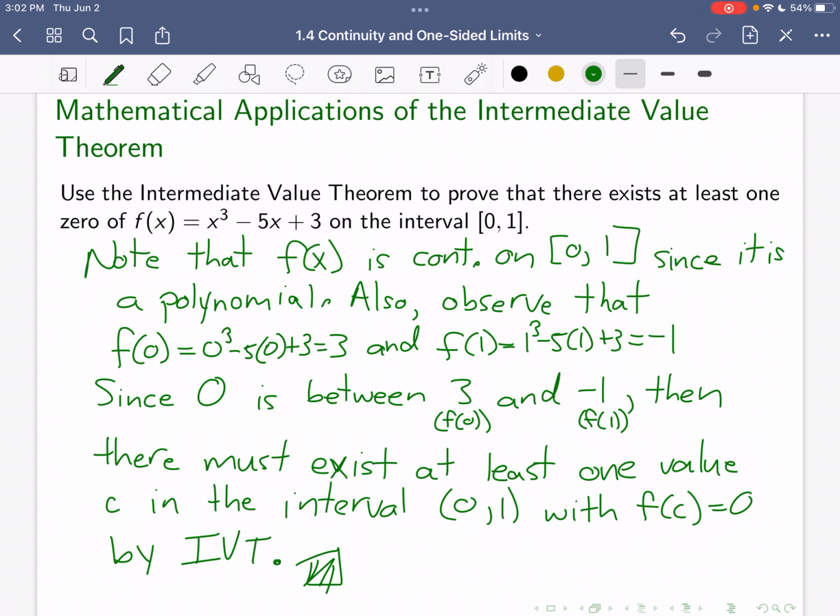All right, so we can be certain that that kind of value exists. Finding it might take a little bit more work. We'd have to solve a cubic polynomial, but we know that there is a root somewhere in that interval.